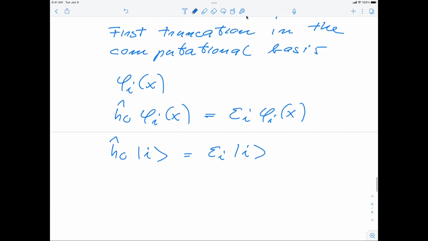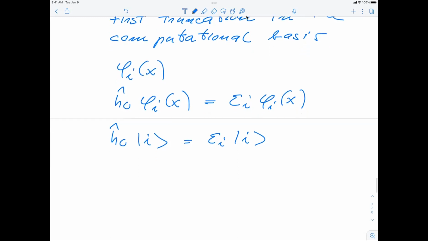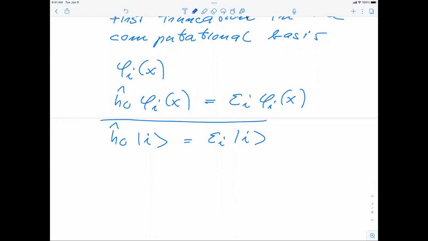So when you're calculating this quantity here, you would typically evaluate this in terms of an integral. So if I multiply with phi_i complex conjugate and integrate over dx, then I get the energy epsilon_i. So this is the kind of notation which we are going to use. We normally call this the one body operator because it acts on one particle at a time.